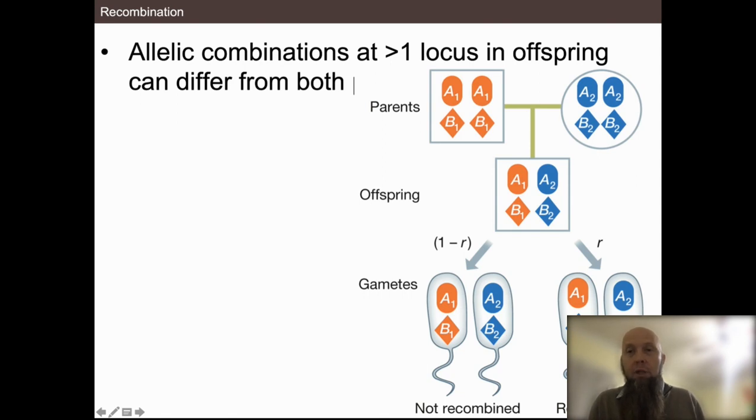Those are combinations that did not exist in the parents or the offspring that are producing this gamete. Okay. So there's a new combination of alleles. Those alleles are recombined in these gametes.